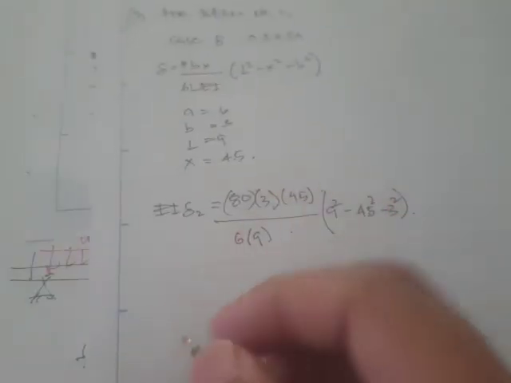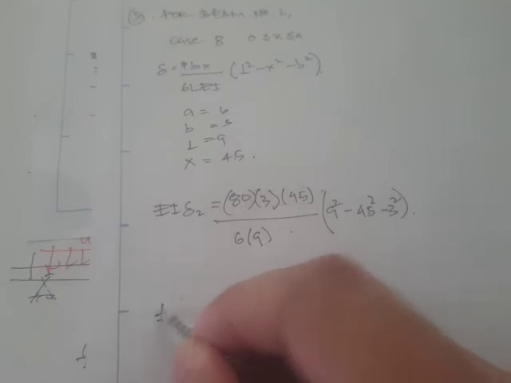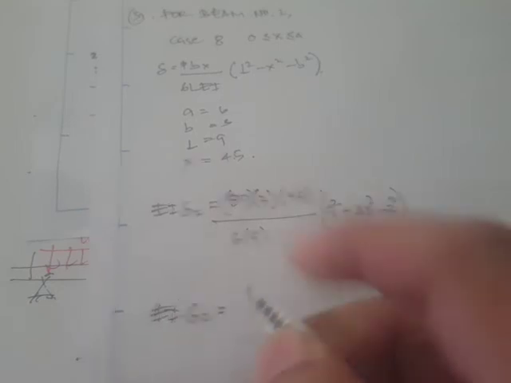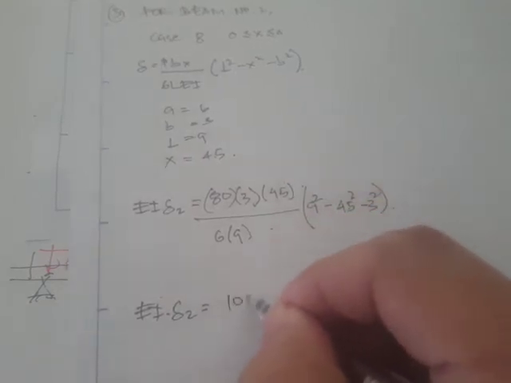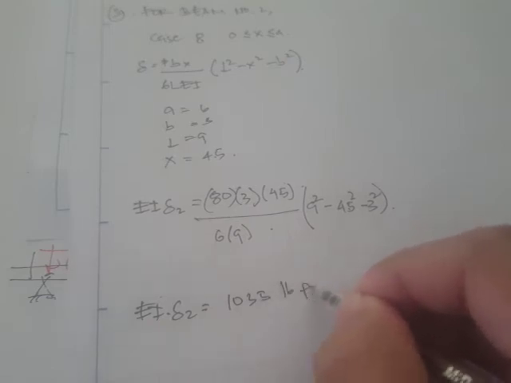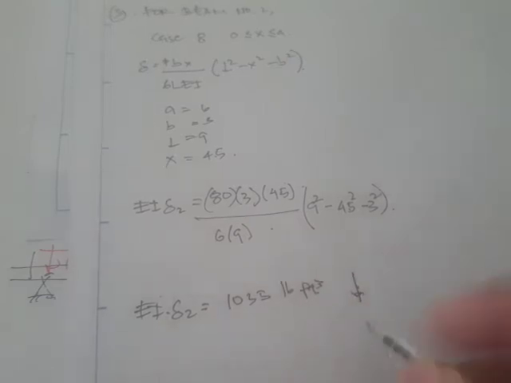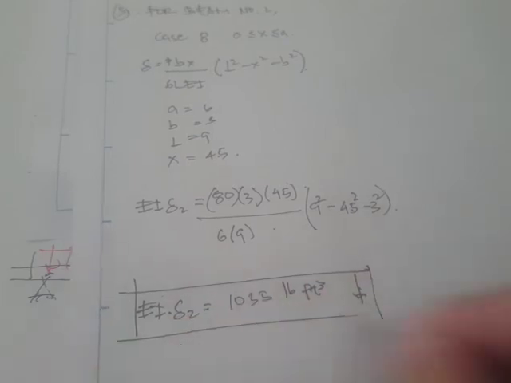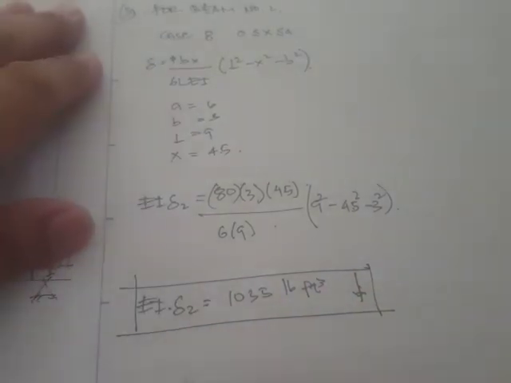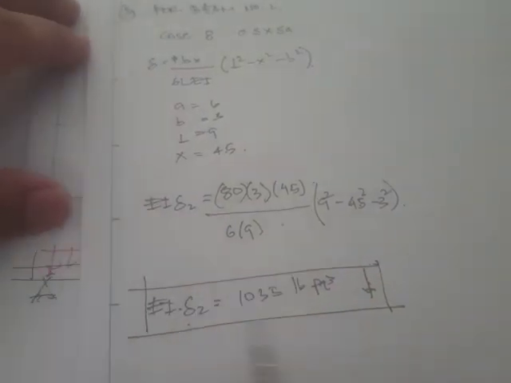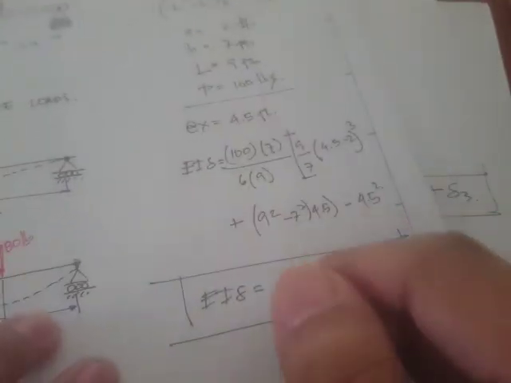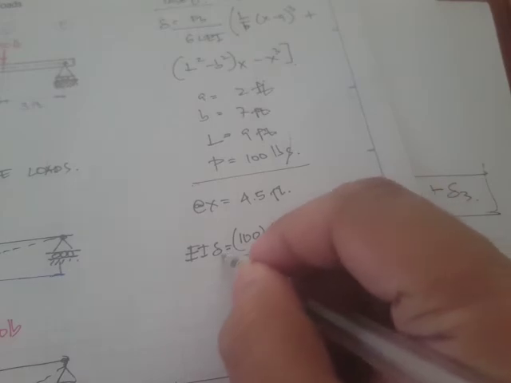Okay, and therefore this EI times the deflection is just equal to 1035 pound-feet cubed, and the direction is still downward. Okay, so that's our EI times this deflection. This one should be delta sub 1.